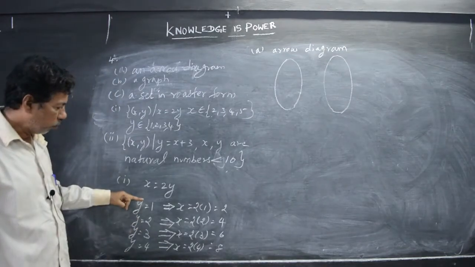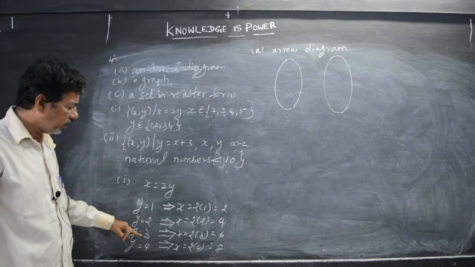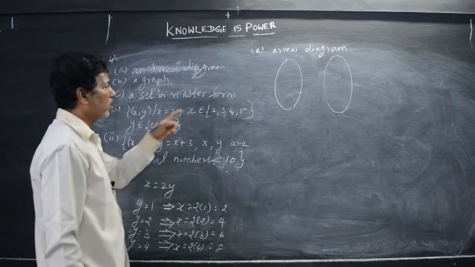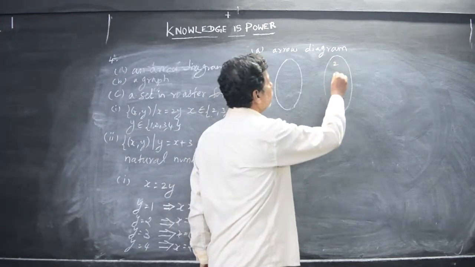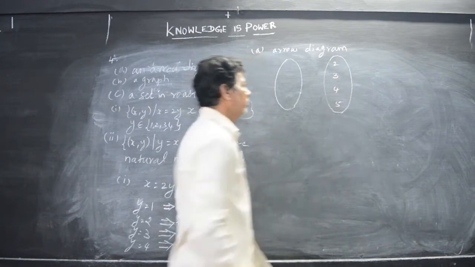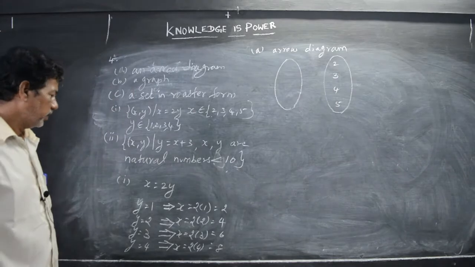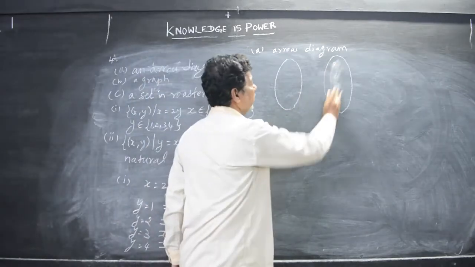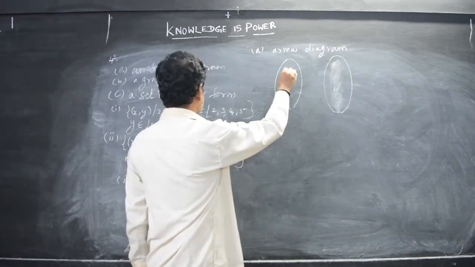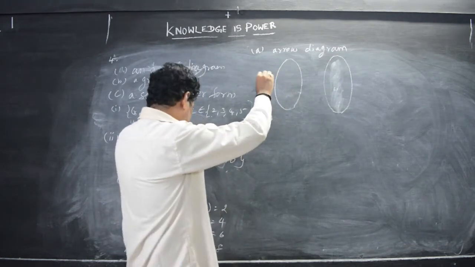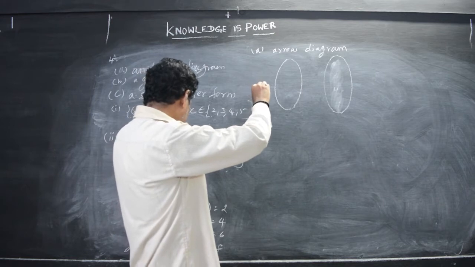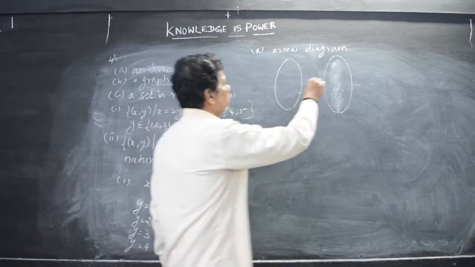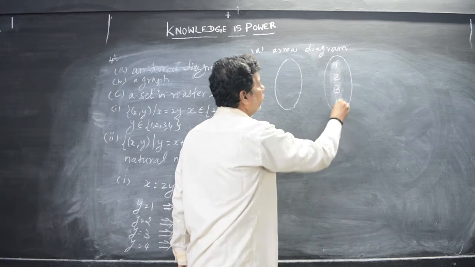The x values go here, not here. The y values go here: 1, 2, 3, 4.